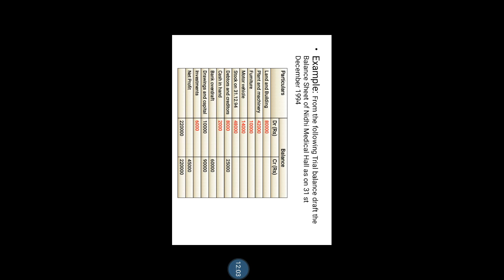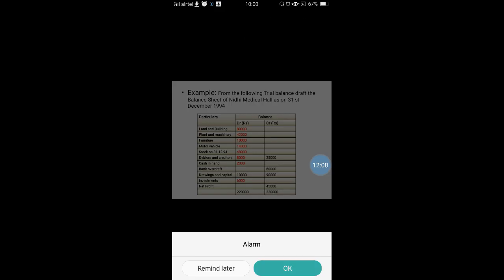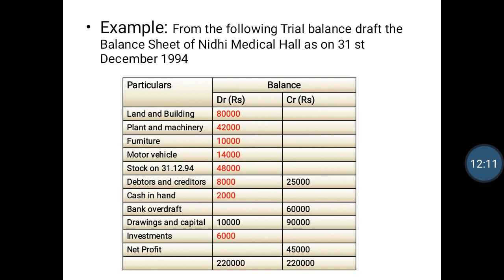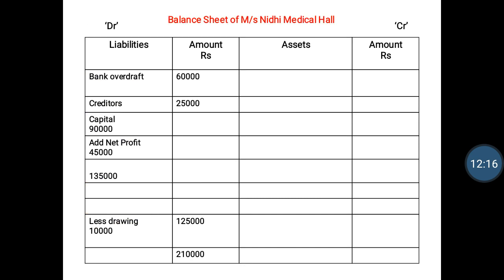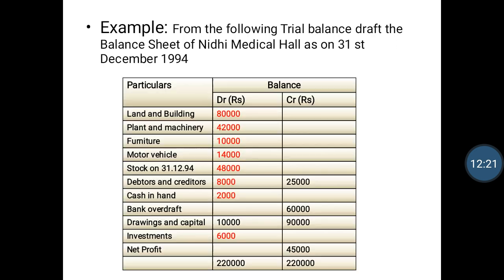So here capital is 90,000, so that's why that capital is written on this side, and in it add net profit. Whatever net profit is there, that is added in the capital account, and whatever net loss is there, that is deducted from the capital account. So that's why that net profit is added in the capital account.